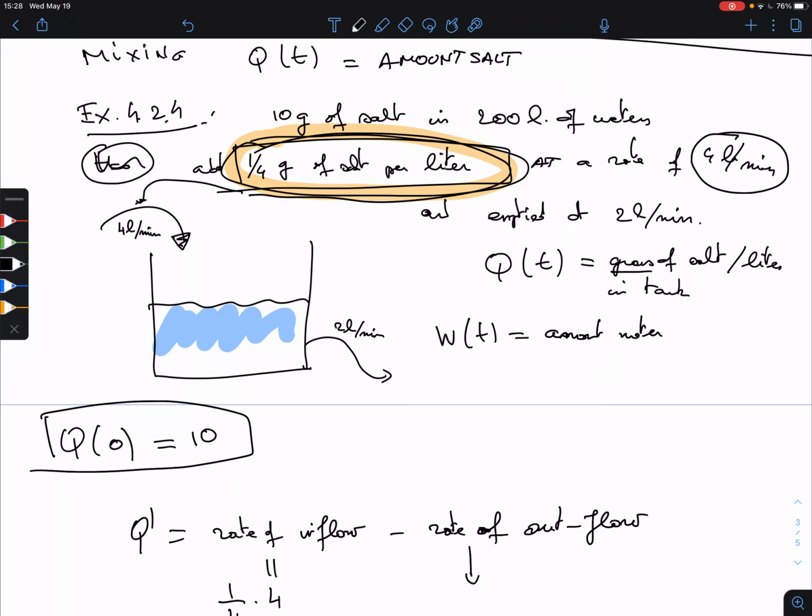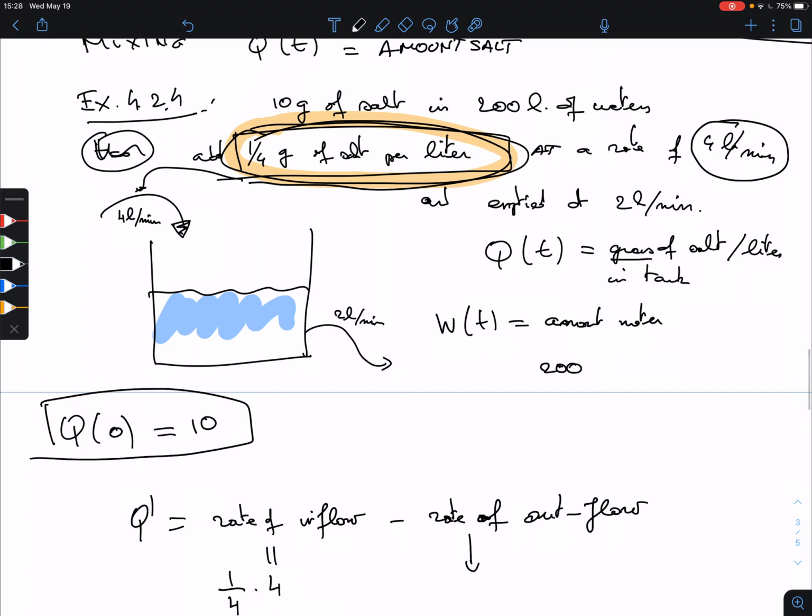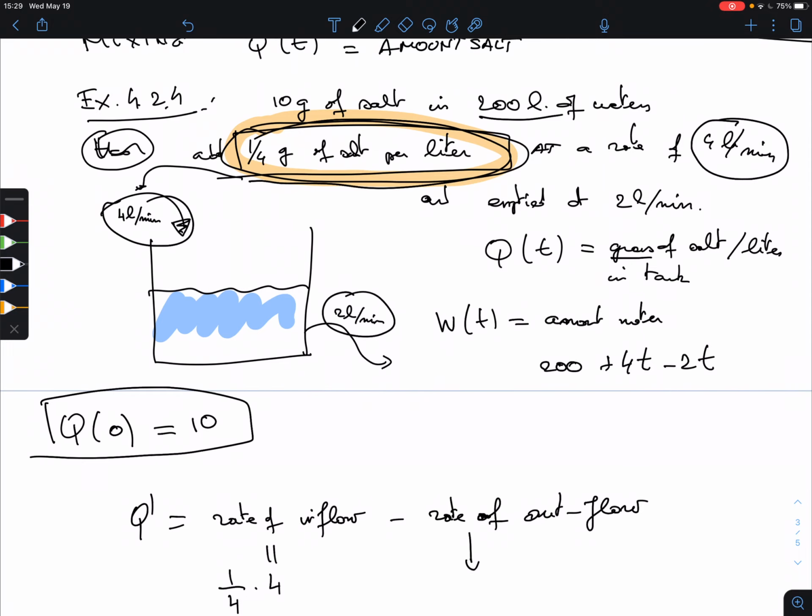But of course that doesn't tell us that there's also more water coming in. In other words, there are two things that change: the amount of water and the amount of salt. So let's first think about the amount of water, because that's not so hard. It started with 200, right? At time 0 there were 200 liters. Now at the rate of 4, so 4t at time t, is added, but we also drain at the rate of 2.